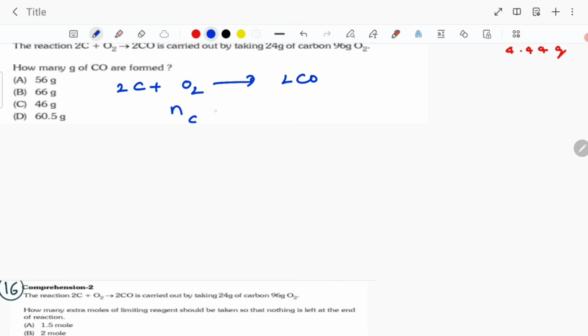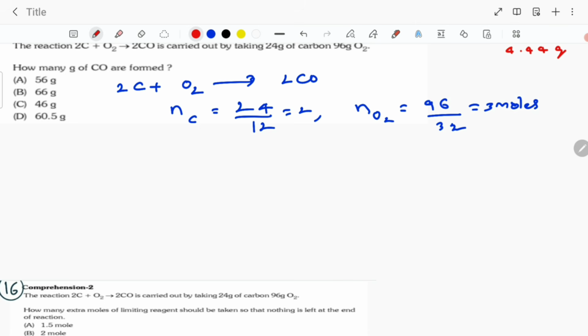So moles of carbon is equal to 24 by 12, given mass by atomic mass. So it is 2 moles. And moles of oxygen is equal to 96 by 32, which is 3 moles. Now you can easily find which is the limiting reagent.